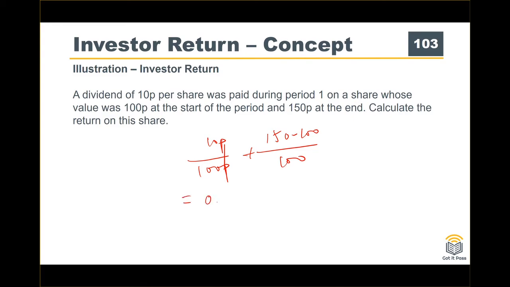Here you get 10% plus 50%, right? So 60%. So here is the very basic calculation of the investor return. Just reminding you of the concept.